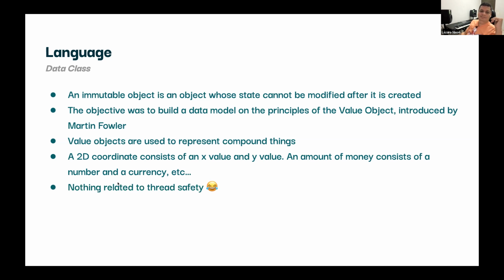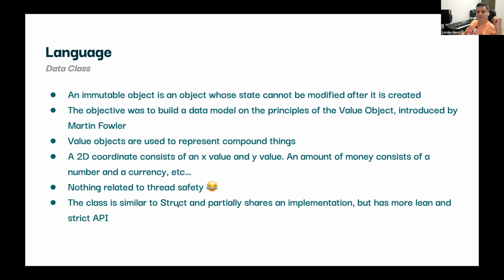It doesn't have anything related to thread safety. When I saw this feature in Ruby, an immutable object, I thought about it because in Java, when this model of thread safety was implemented, we had this immutable approach to handle thread safety, but it doesn't have anything to do with that. It's just to represent value objects better.